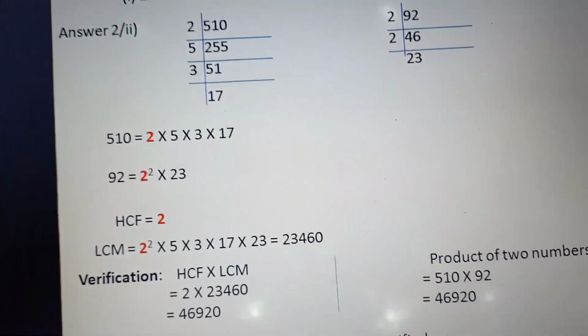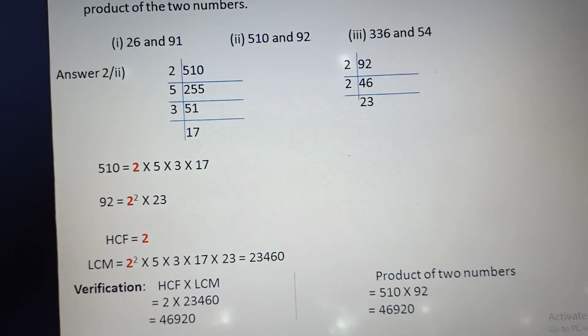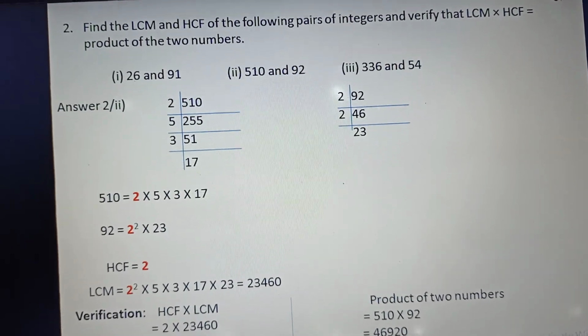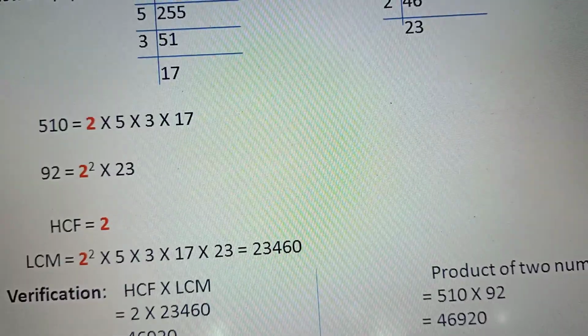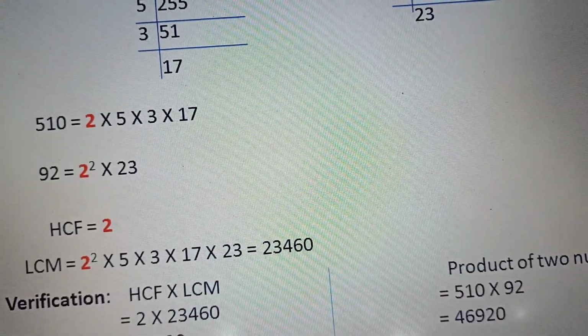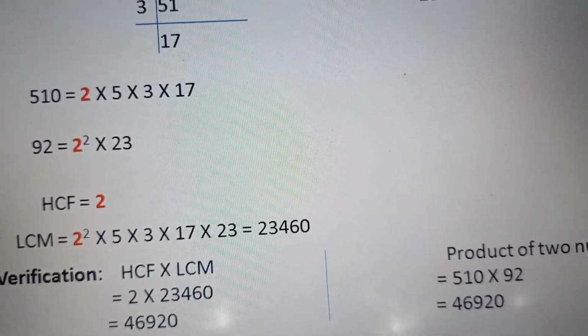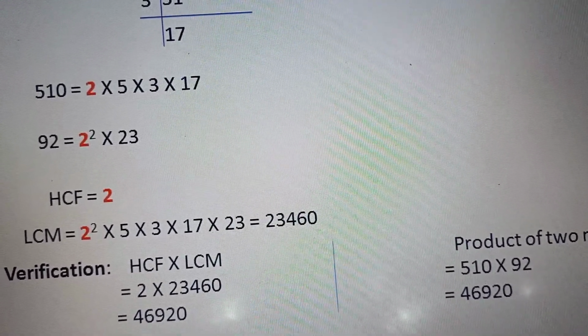Therefore, HCF is equal to the common factors with their lowest degree, so 2. LCM is the highest degree of common factors into the other factors, so 2 square into 5 into 3 into 17 into 23.